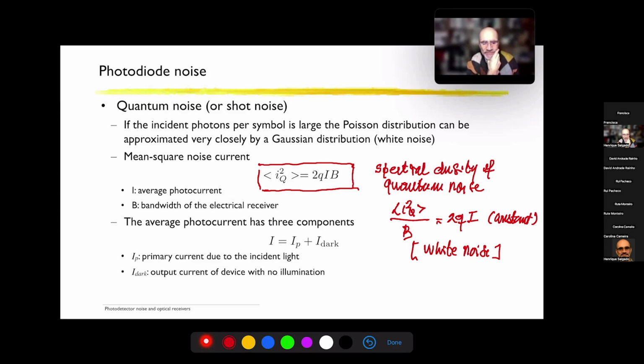The bandwidth that we are discussing here, that appears in this equation, is the bandwidth of the electrical receiver. Usually, the receiver has a low pass response, and the bandwidth will be the bandwidth defined by our receiver. Okay.